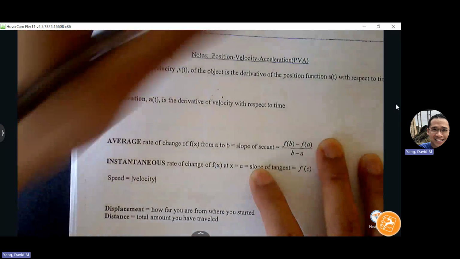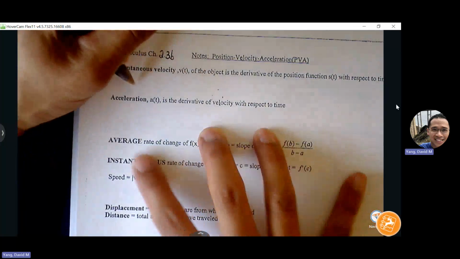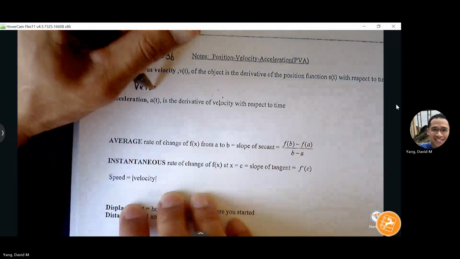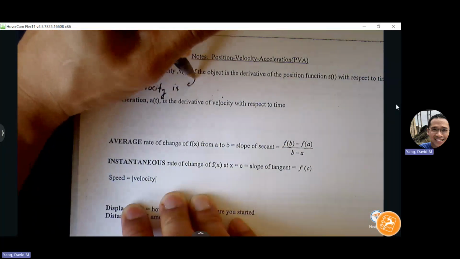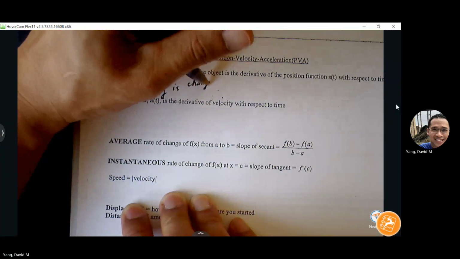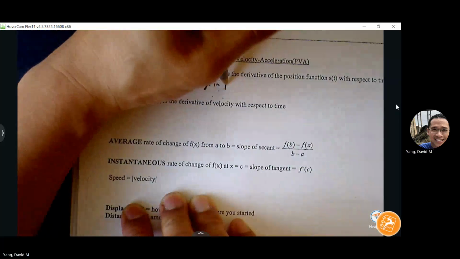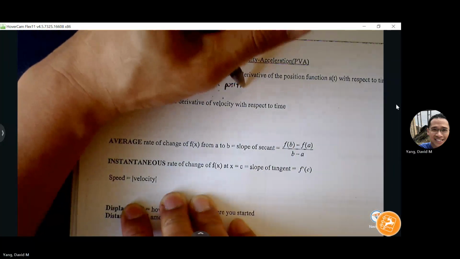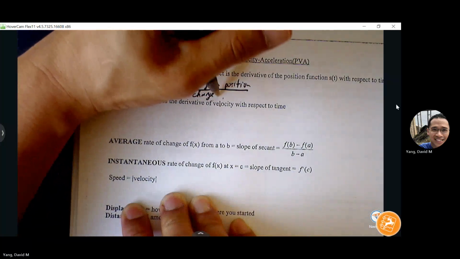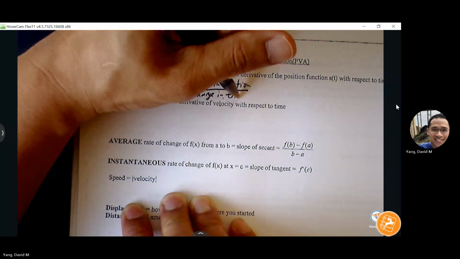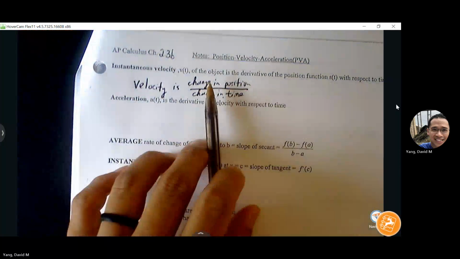So the way we define velocity, first of all, velocity is the change in position divided by the change in time. Right.